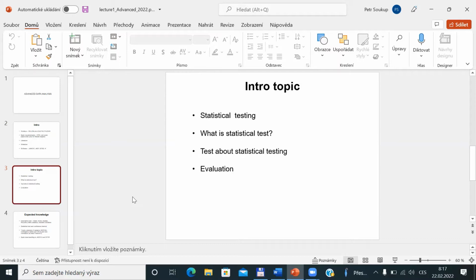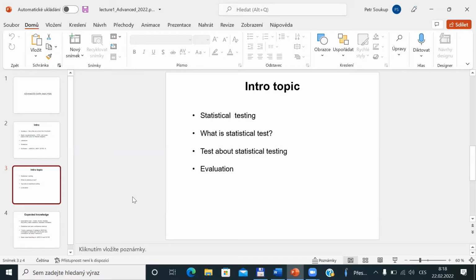And in social sciences, mostly we try to generalize or infer results from the sample, which is only a small piece of a bigger population, to the population.